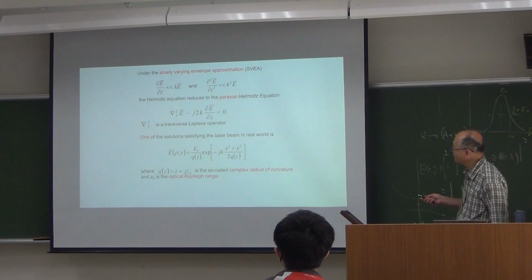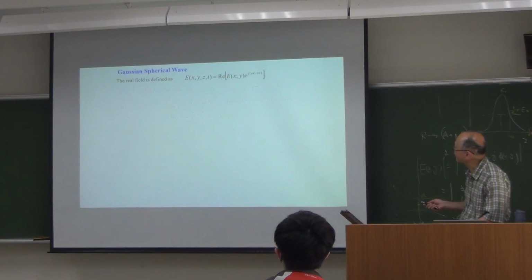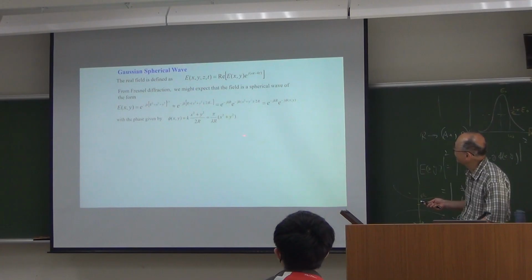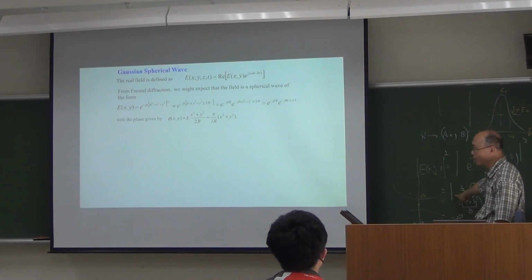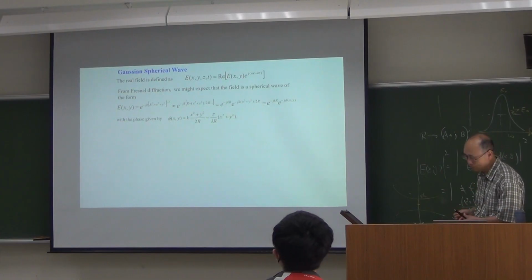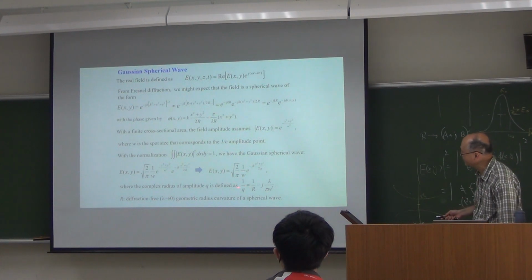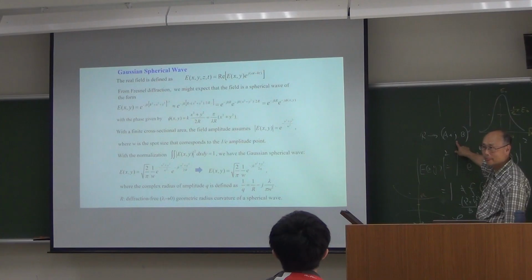But then I want to echo this result with the previous discussion. Let's go back to this discussion, and we found that this is the result from the Fourier diffraction, but then we have the intensity equal to 1. That is not good. So we make a transformation by taking this radial curvature to be a complex number.